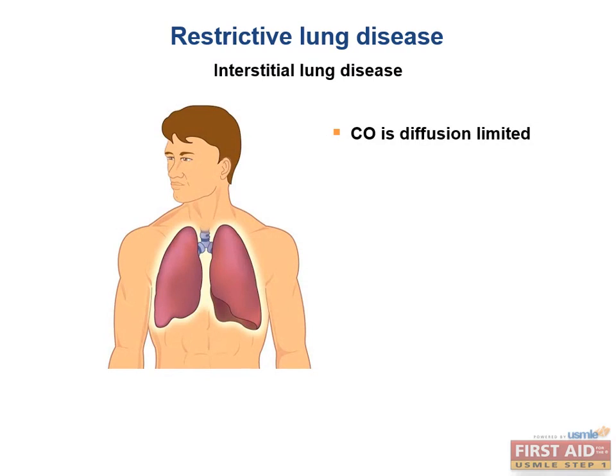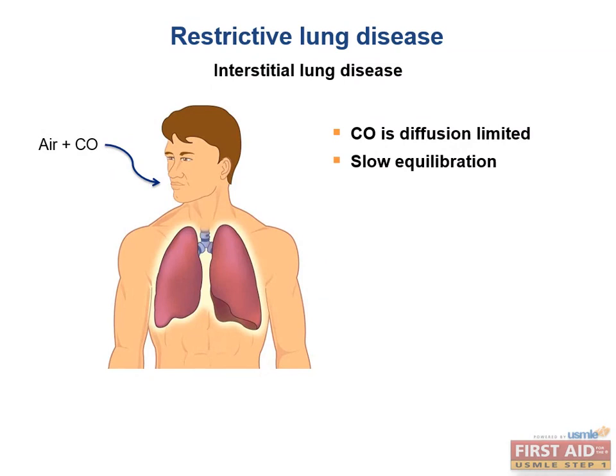Remember in the respiratory physiology talks, we said that carbon monoxide is a gas that is diffusion limited. In other words, this gas equilibrates very slowly across the alveolar capillary membrane, and it is not affected by cardiac output like nitrous oxide, which is perfusion limited. So in this test, we ask patients to breathe an air mixture with a small amount of carbon monoxide.